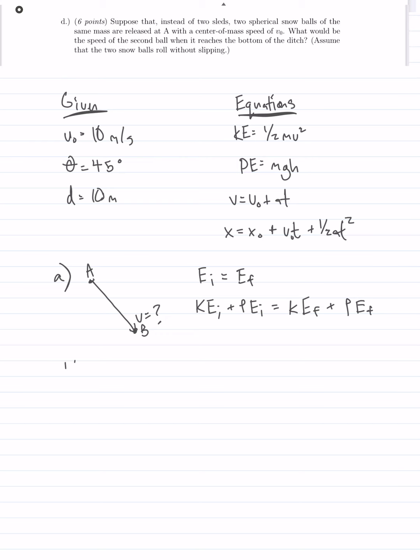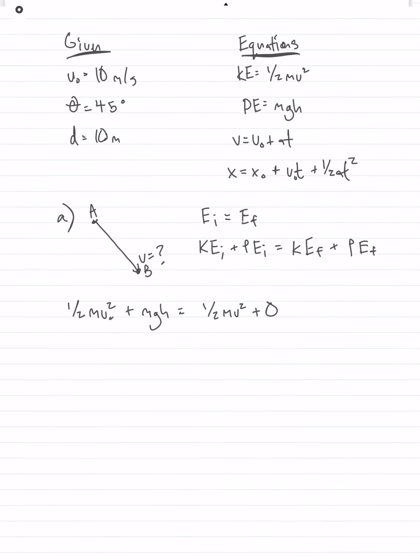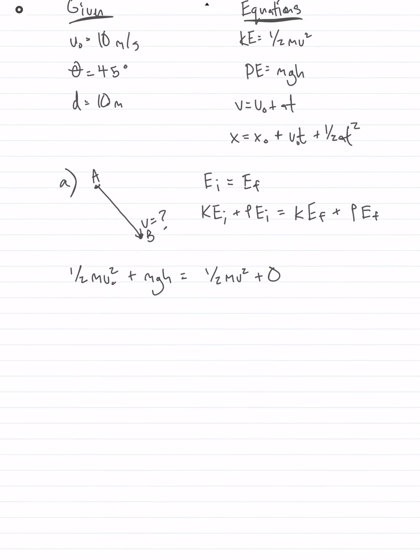And if we plug in some variables to that, we get 1/2 m v0 squared for the kinetic energy plus mgh is equal to 1/2 mv squared, v being what we're looking for, plus 0, because at the bottom of the hill there is no gravitational energy any longer. So we're just going to isolate v in this case, so we get rid of the m's because you see they're repeated everywhere.